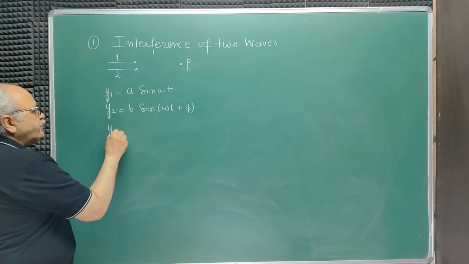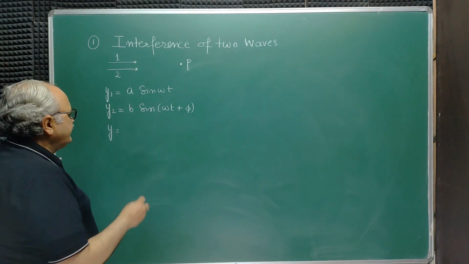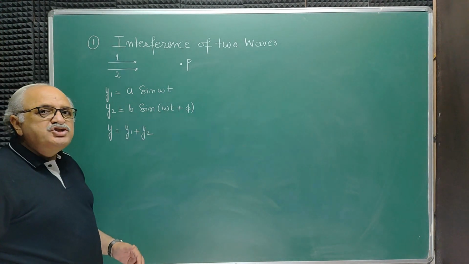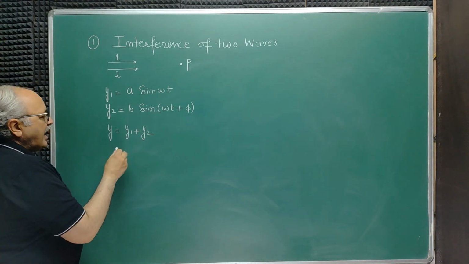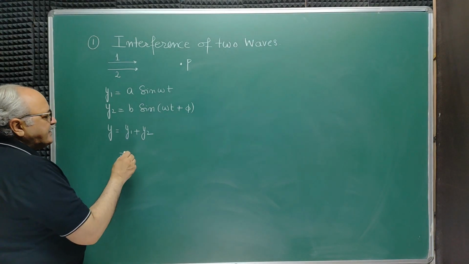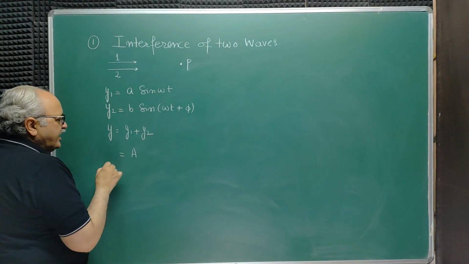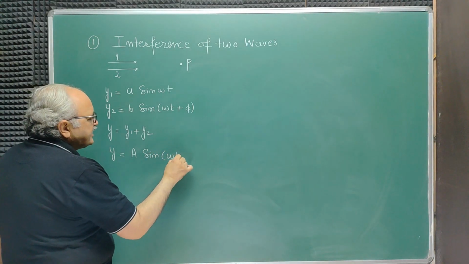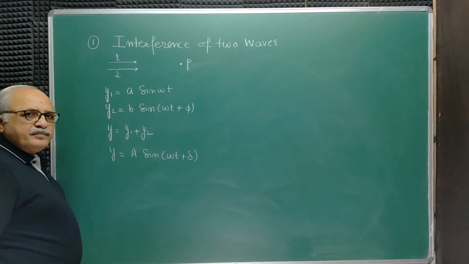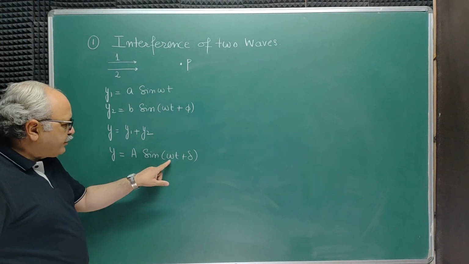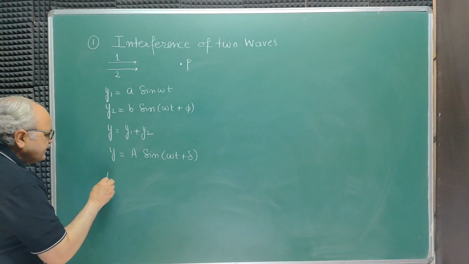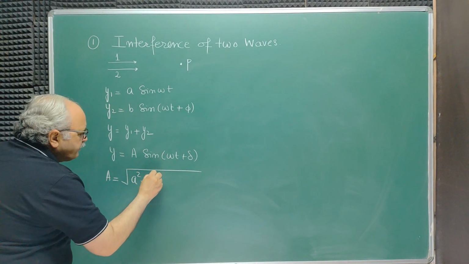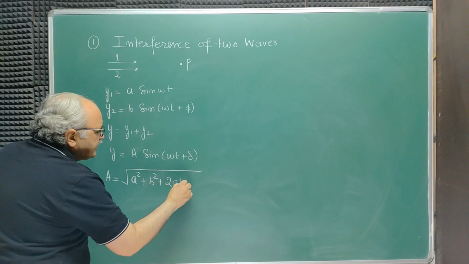When they meet at point P, they will superimpose each other and their resultant disturbance will be given by the vector sum of their individual disturbances. As a result we get the total amplitude, say A, sine of omega t plus delta, that is a resultant wave of the same frequency, where the amplitude is given as under root of A square plus B square plus 2AB cos of phi.